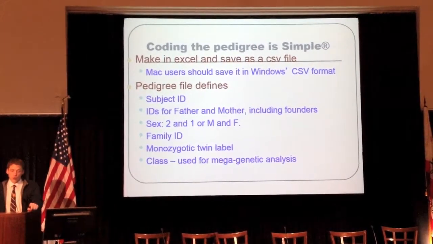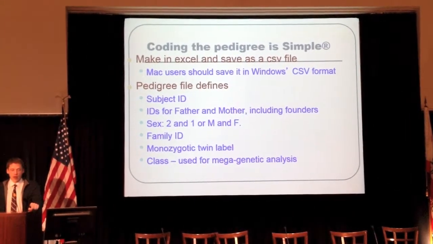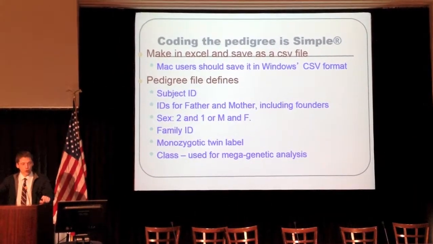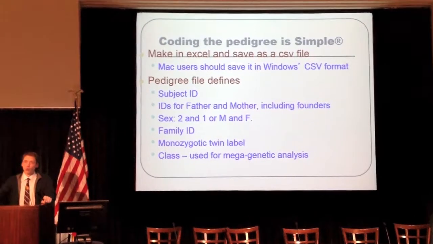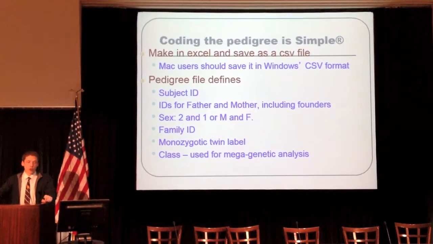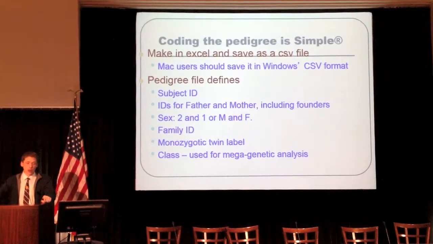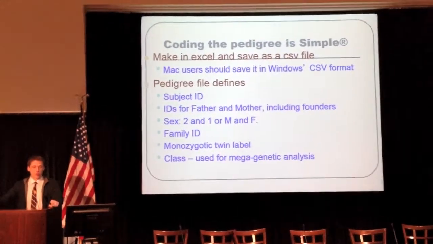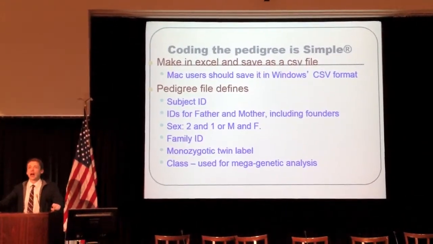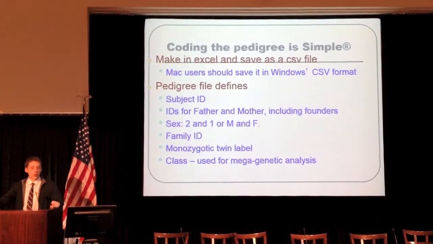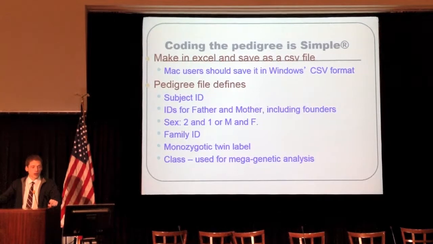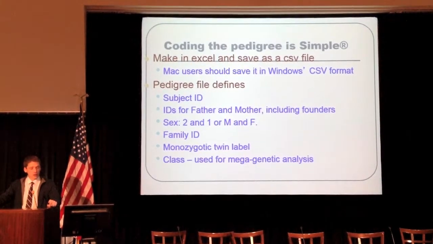For twin studies, I know many other packages like OpenMx do not actually make you code the father and mother. In Solar Eclipse, we actually ask you to code for mother and father, so you have to code your pedigree all the way up to founders. Founders are the subjects who don't have mother and father, and who are omitted from the analysis.